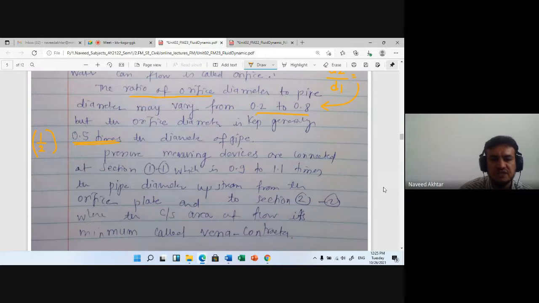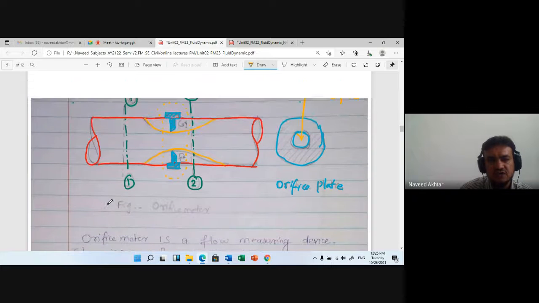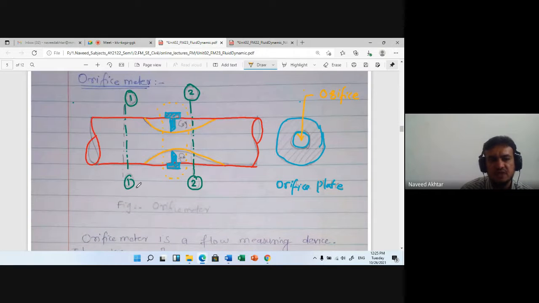The pressure measuring devices are connected at section 1, which is 0.9 to 1.1 times the pipe diameter upstream from the orifice plate. You can see this section 1 is upstream of the orifice plate.